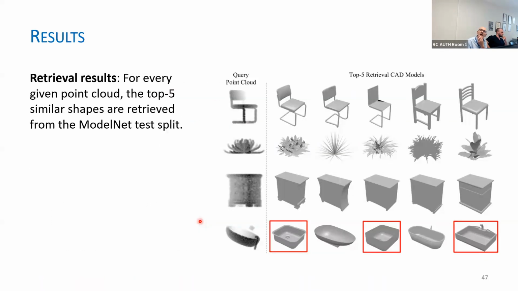Okay, and so to conclude here, I included again an example of the retrieval, and again you can see that the network generalizes quite well with respect to the different distances of the same shape, of the same object.